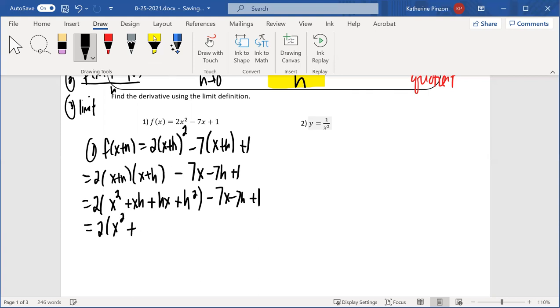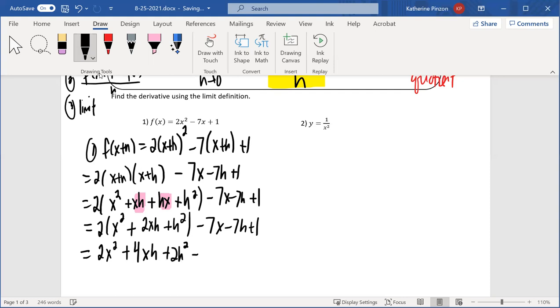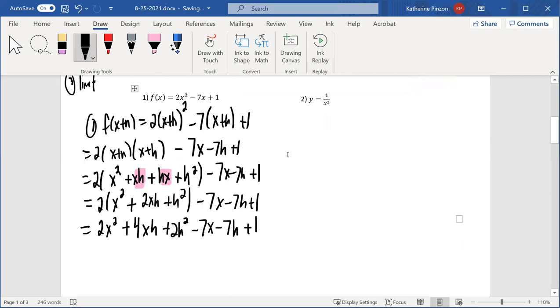Notice that these 2 terms in the middle are both the same. So x times h and h times x are both the same. So I have 2 hx's. And distribute that 2. So 2x squared plus 4xh plus 2h squared. Remember that minus 7 went with both pieces. So minus 7x minus 7h plus 1.